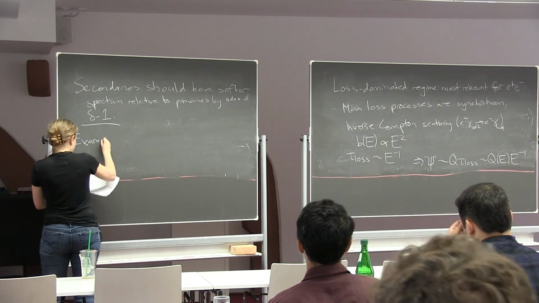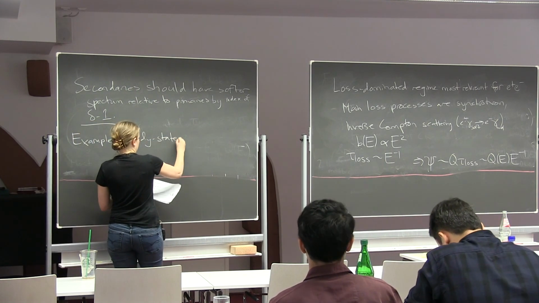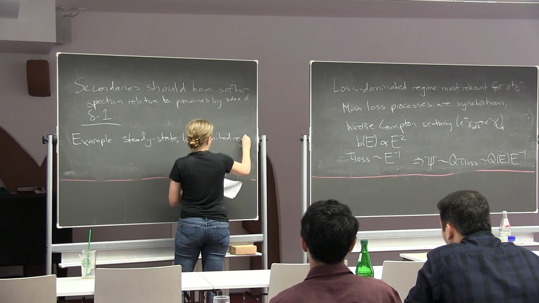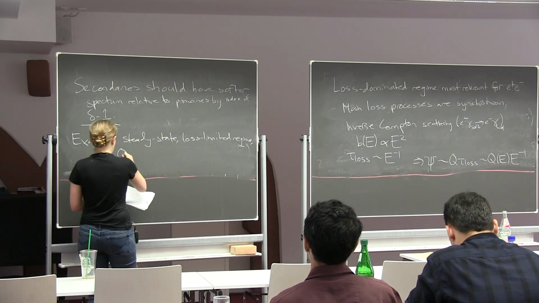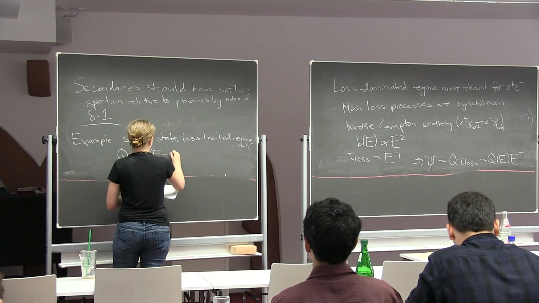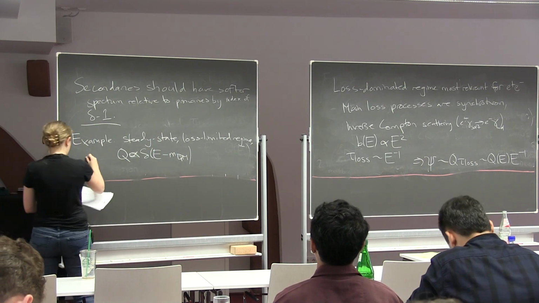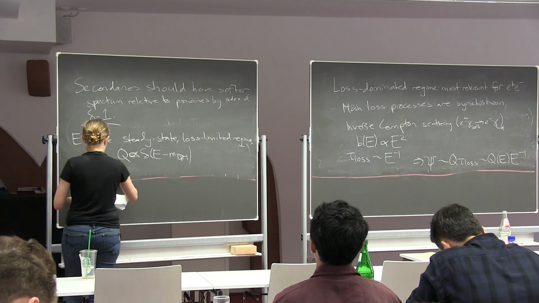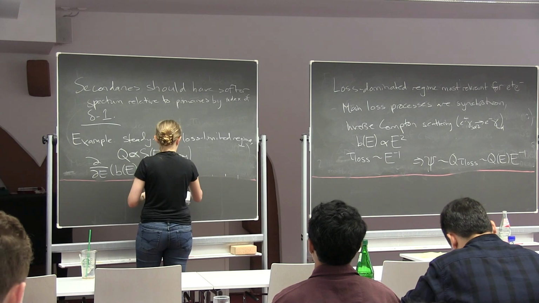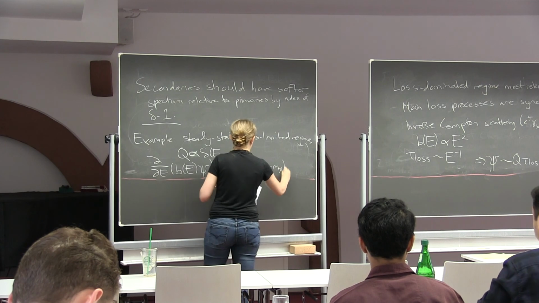But let's just do this case. Let's imagine that we're in a steady state loss-limited regime, and our source is proportional to a delta function at the dark matter mass. So then our diffusion equation becomes some prefactor times a delta function.